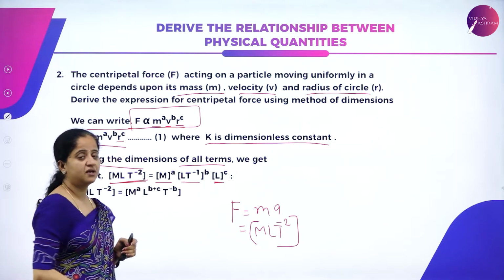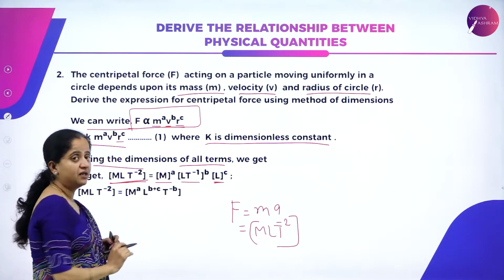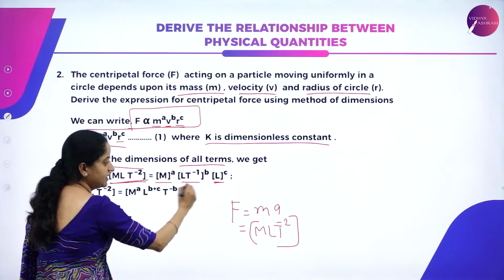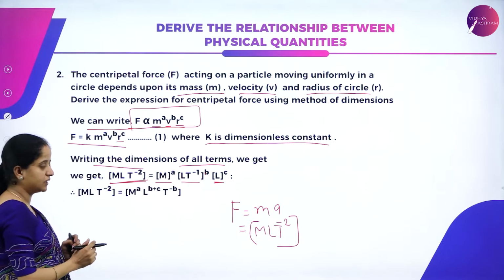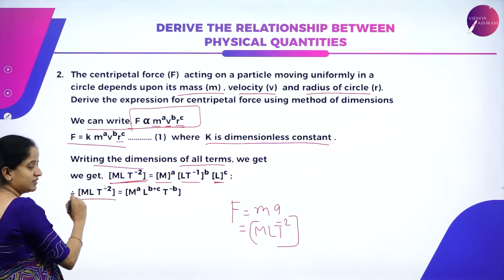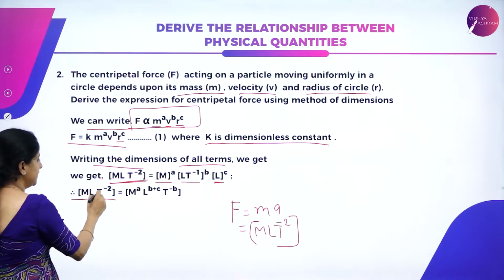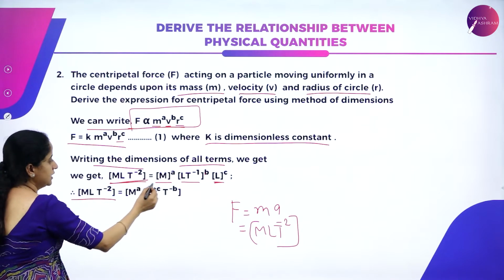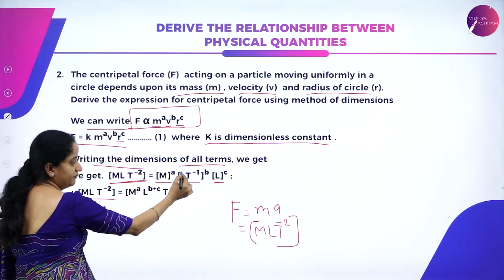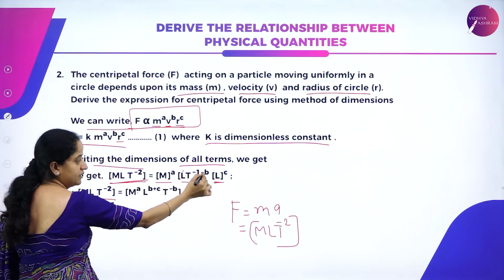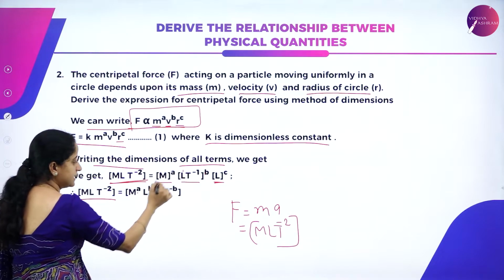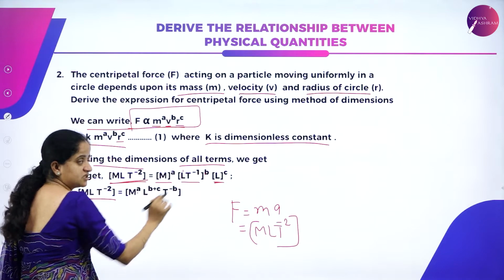Radius dimensional formula is L, which is raised to a power C. Now let us simplify this and write the equation. We retain the same thing on the LHS, that is MLT raised to minus 2, which is equal to M raised to A, L with power 1 and to the whole power B, so 1 into B is B. One more L we have, which is raised to a power C.